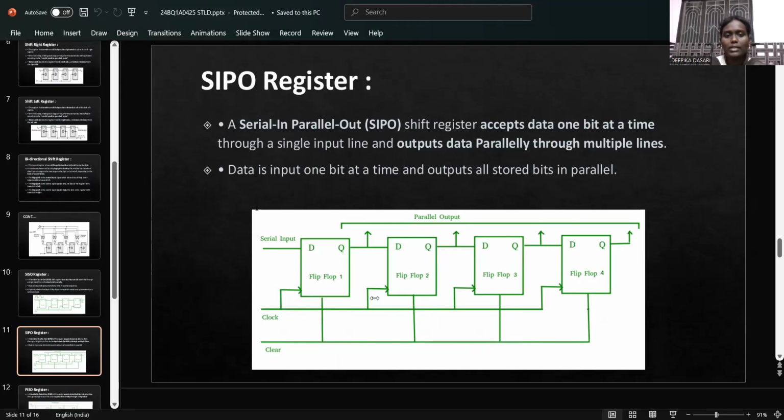We can see the parallel outputs coming here, so we use clear for all the flip-flops, and we connected the clock to all four flip-flops. Here is the parallel output.